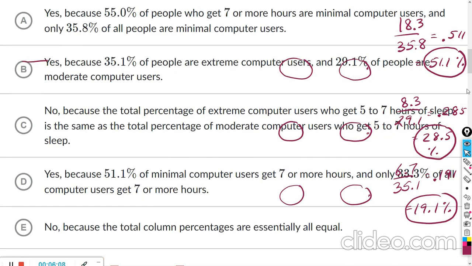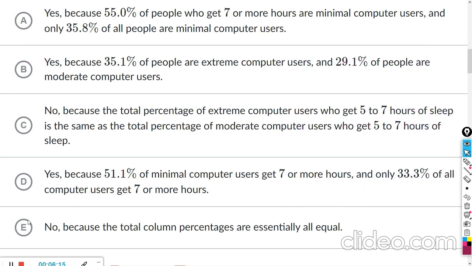Let me erase my work here. See, just remember this 51.1%, and I'll show you. If you look at answer D, it says yes, because 51.1% of minimal computer users get 7 or more hours, and only 33.3% of all computer users get 7 or more hours. I know the first part is true.